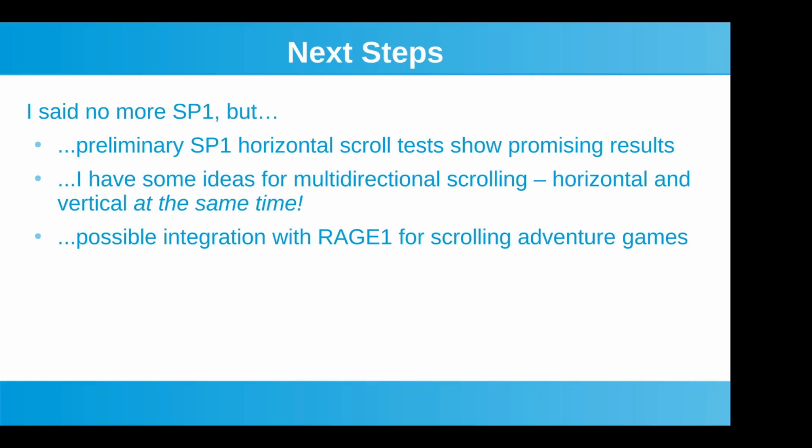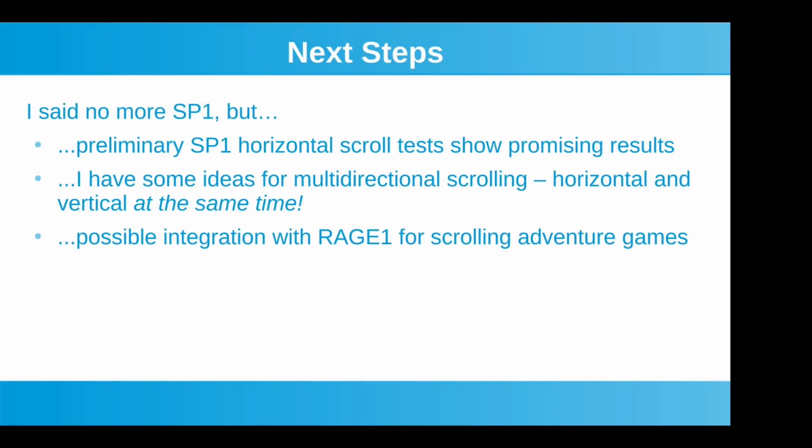I suppose the scrolling window will have to be reduced a bit at least. But anyway, I think multi-directional scrolling games are so pretty that it may be worth it, it may be interesting to do.